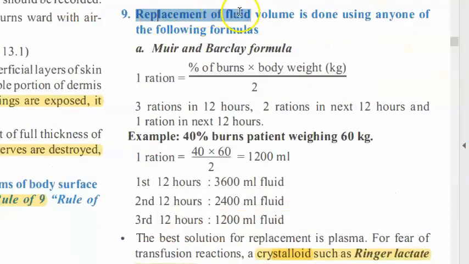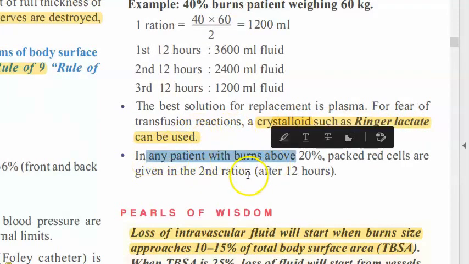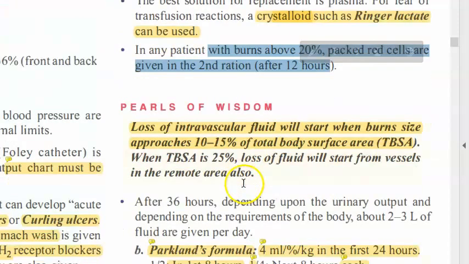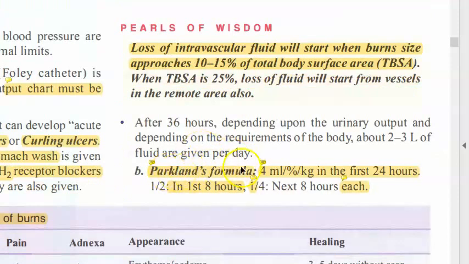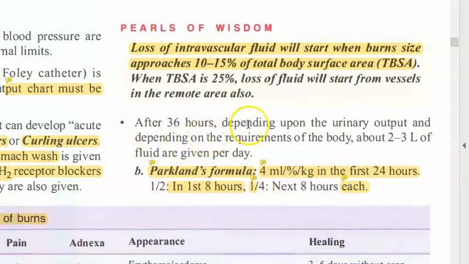Now you have to do fluid resuscitation. How much fluid you need to give, you need to know, right? Here you will give crystalloids like Ringer lactate. They already told you this. How will you decide how much to give? In any patient with burns, about 20% packed red cells are also given. Let's look at this. There is a Parkland formula, guys. In this, you are giving only crystalloid, Ringer lactate, that's what they are telling so many times.